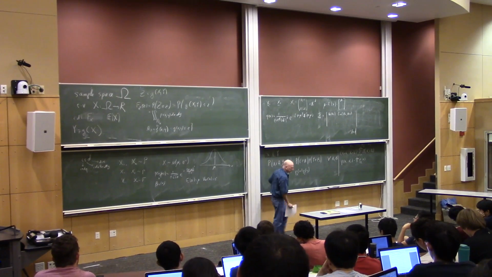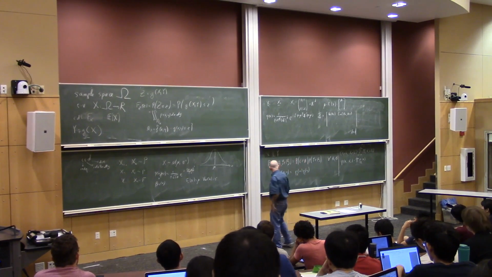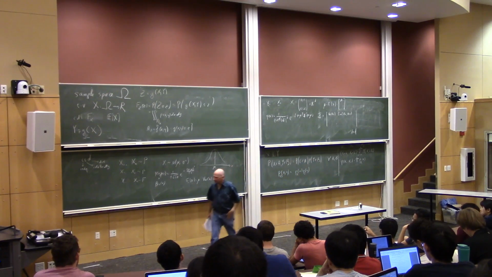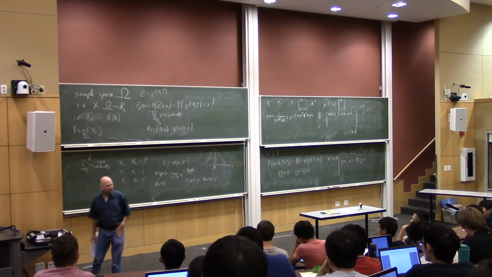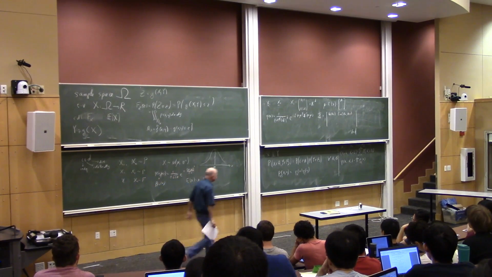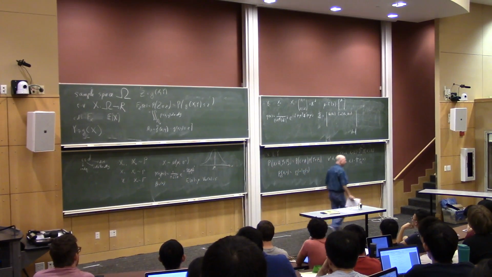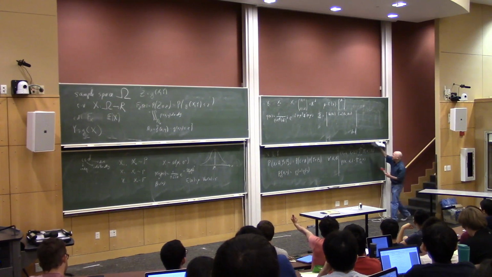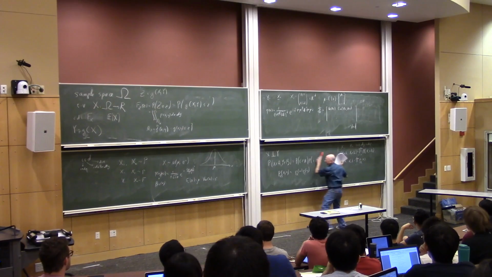Another distribution that comes up a lot in statistics, and I've got to find the chalk brush somewhere, or we're going to have a challenge here. I have to start writing smaller and smaller.